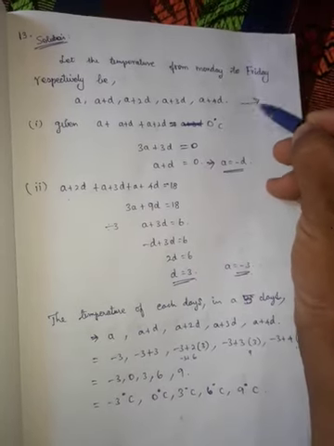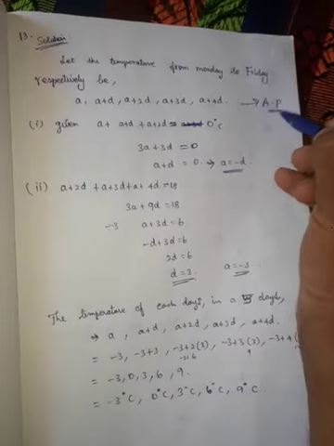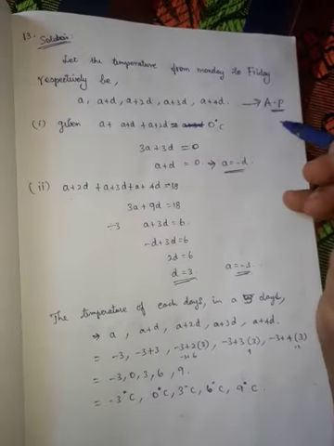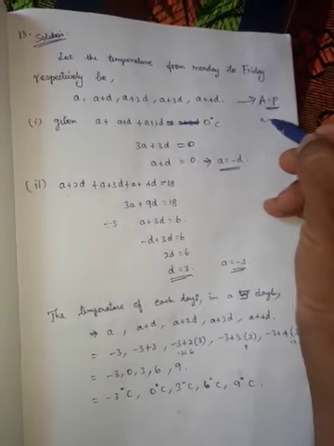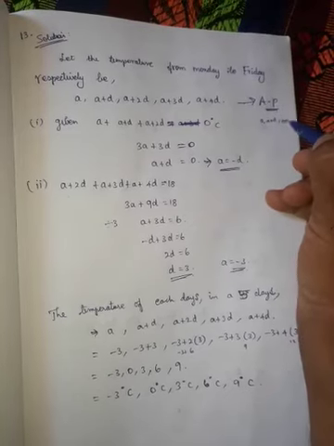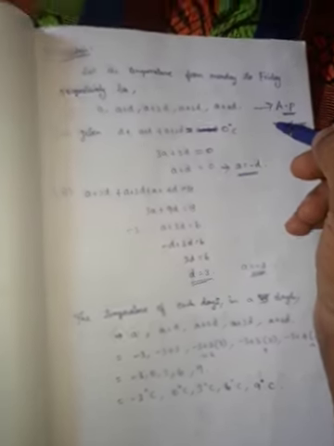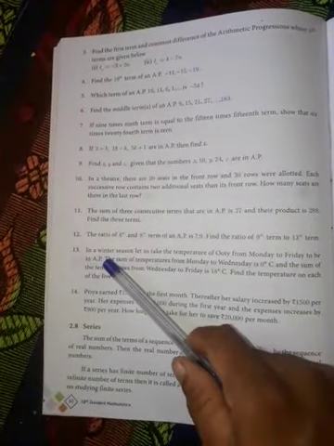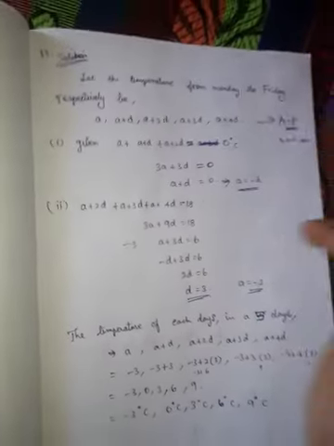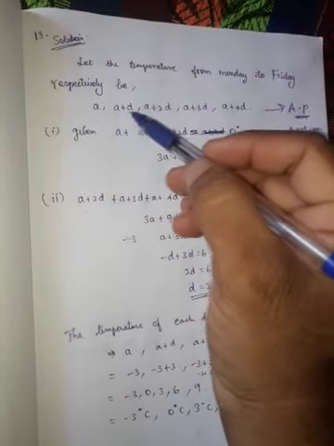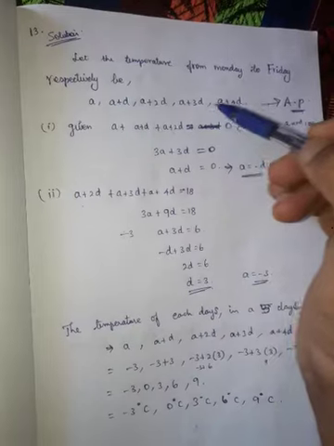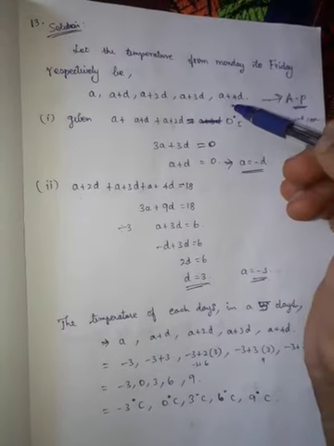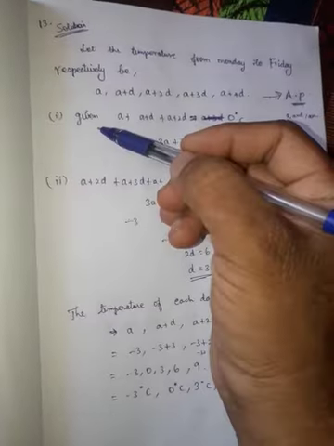The general form of AP is a series, a, a plus d, a plus 2d, etc. The given question is in the form of AP only. So we can take these 5 values: a, a plus d, a plus 2d, a plus 3d, a plus 4d. Then the first hint and second hint.